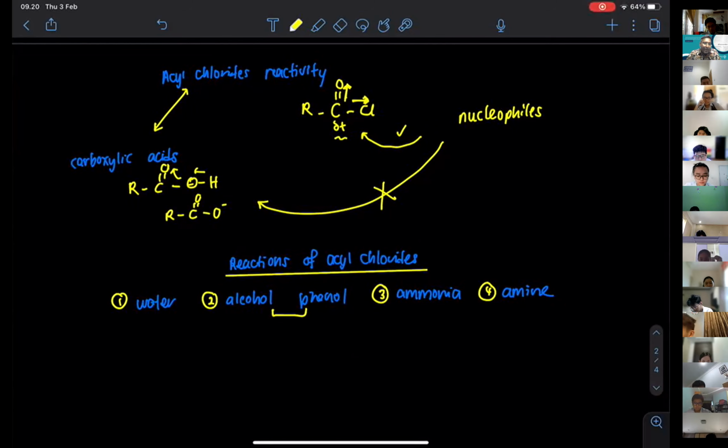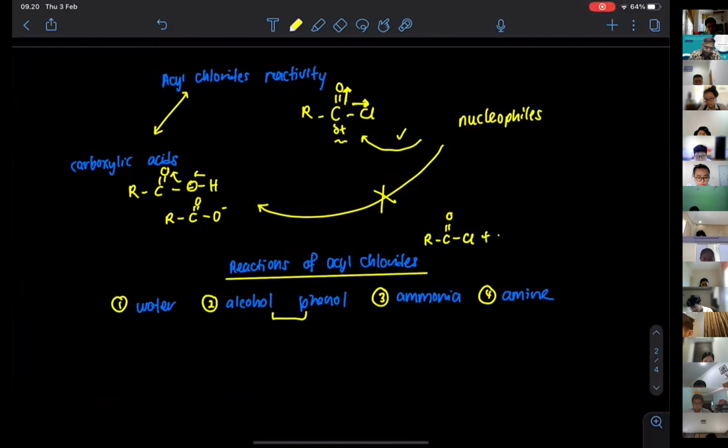But this one, they have given, if you have R C double bond O Cl, when you react with HZ, they have given a general formula. You are going to get R C double bond O, and then you have the Z over here, plus HCl. This is the general formula that they have given.